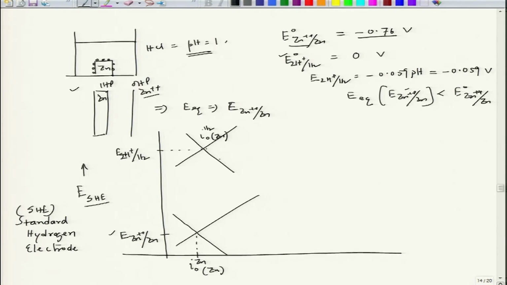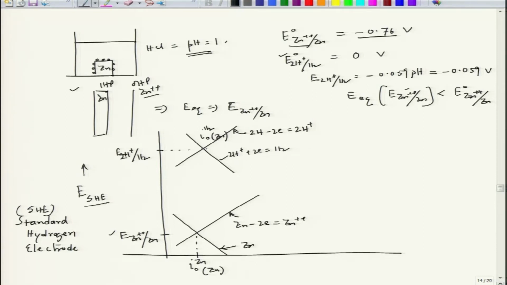So, this line is 2H plus 2e equal to H2. This line is H2 minus 2e equal to 2H plus. This is zinc minus 2e equal to zinc plus plus.